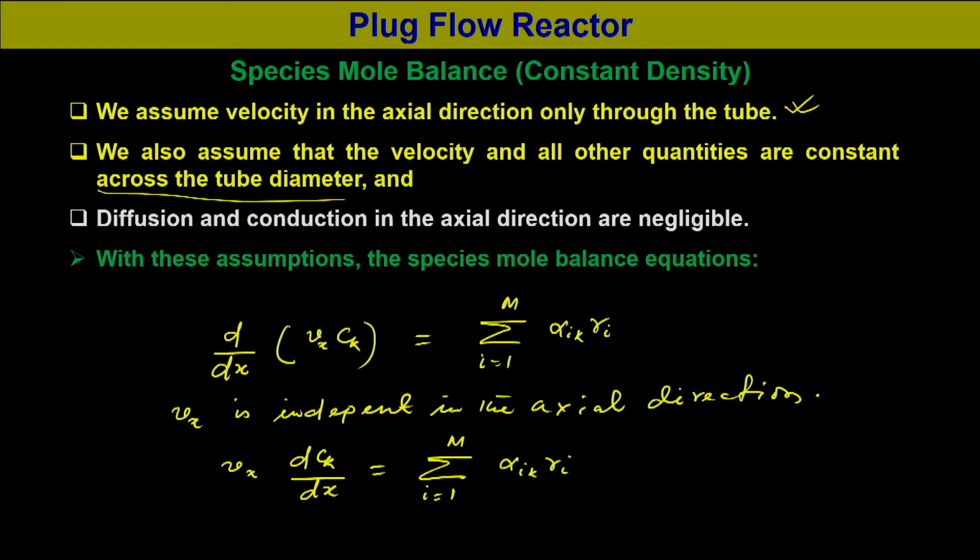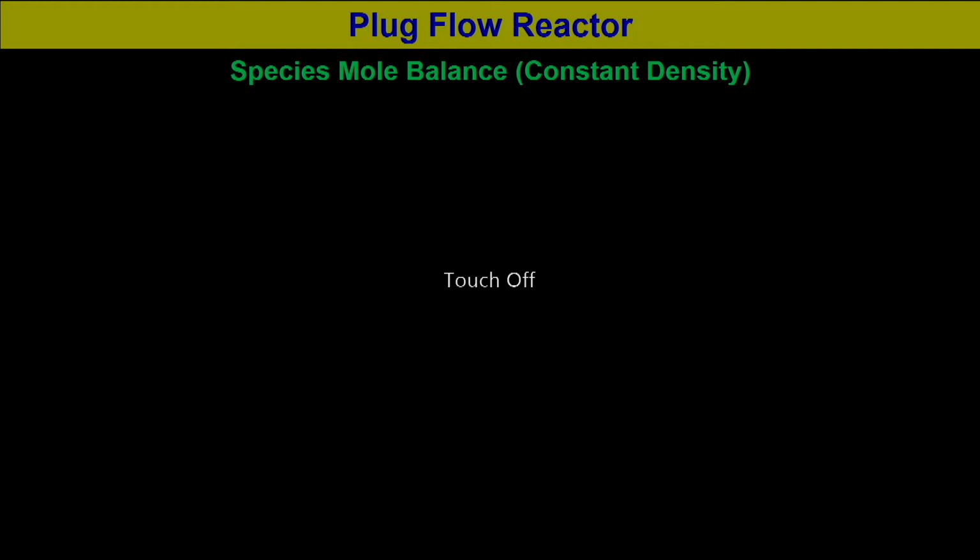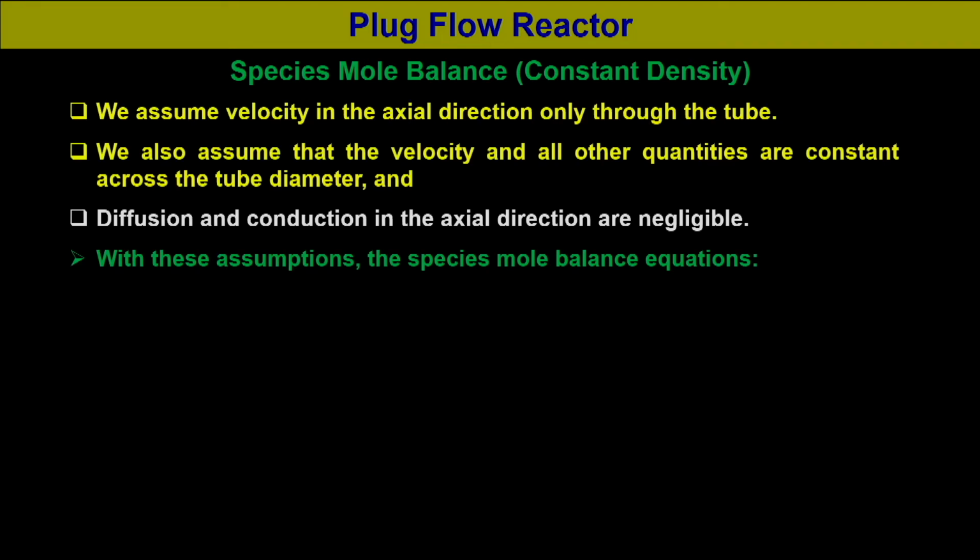Now, if we define the residence time, tau is equal to x by V x, where x is the length of the tube divided by V x is the residence time tau. So, then we can differentiate: d tau would be dx by V x.